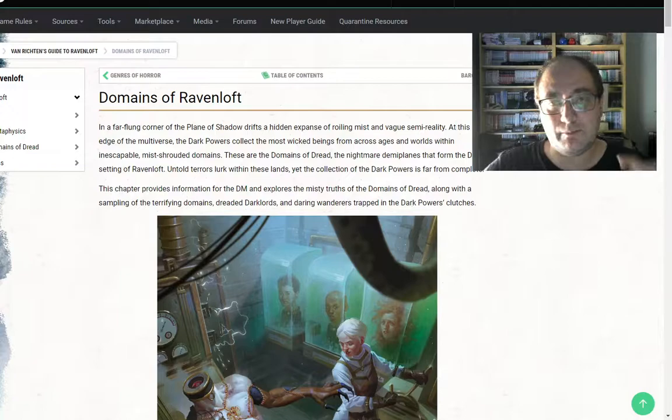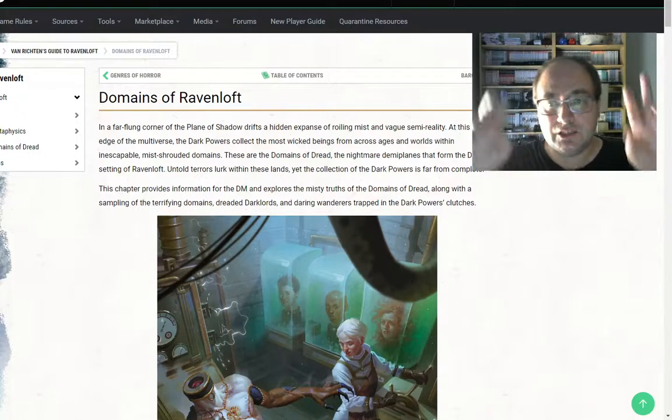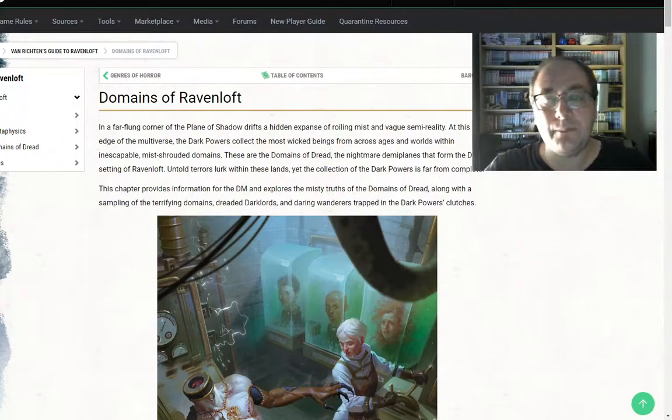So they're at once the masters of the domain, but at the same time they are prisoners of it, and they are tormented by these mysterious dark powers. And that means that every domain already comes built in with a villain that the players may or may not actually confront.